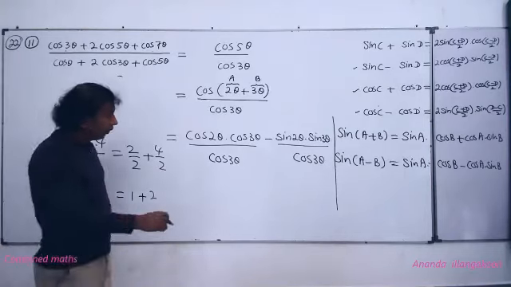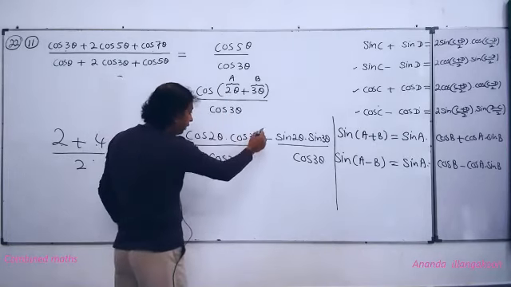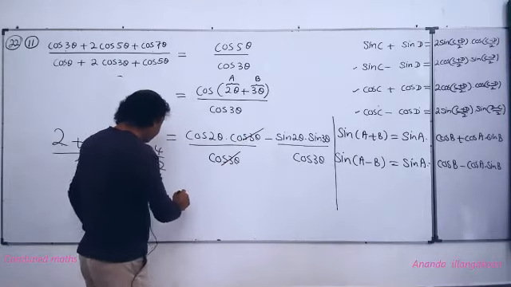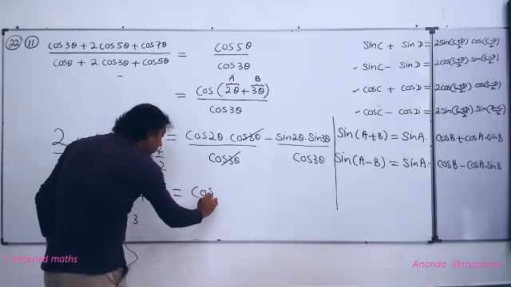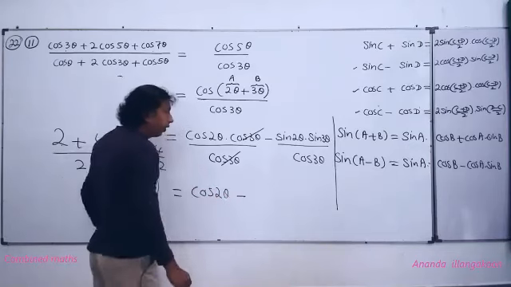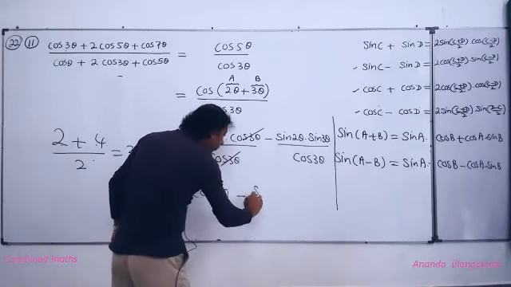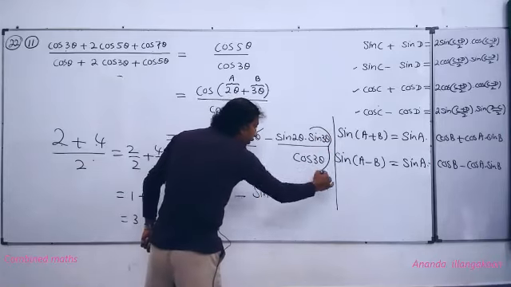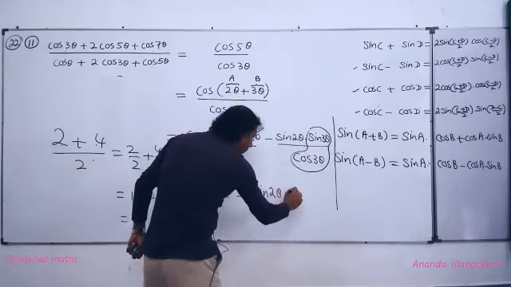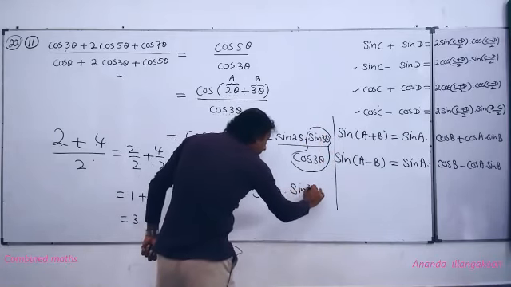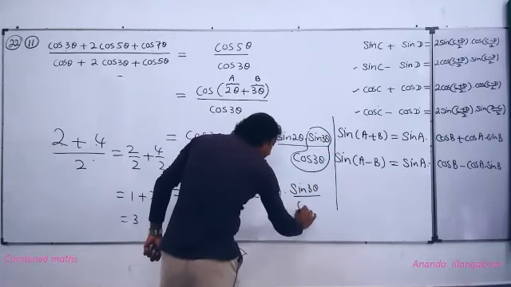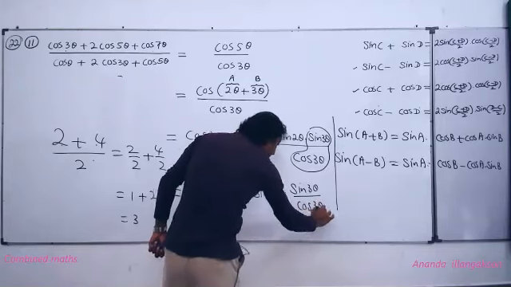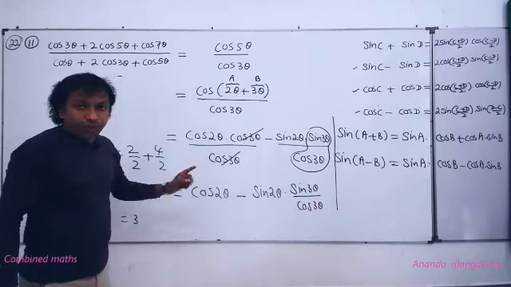Then this also we can write like that. This and this you can now cancel down. People, now here we get cos 2 theta, and I keep this sin 2 theta as the same. Now here we have sin 3 theta divided by cos 3 theta. People, you know, sin by cos is tan.